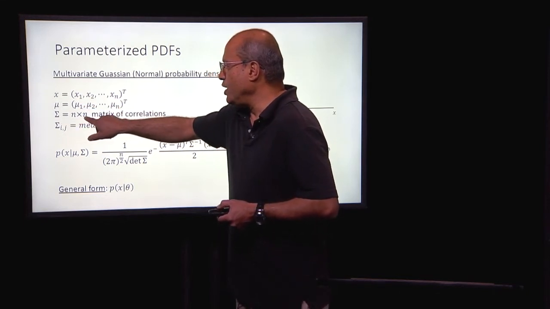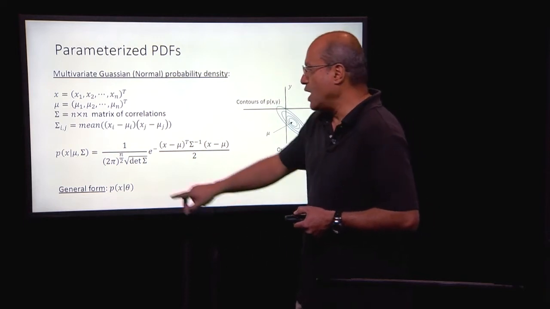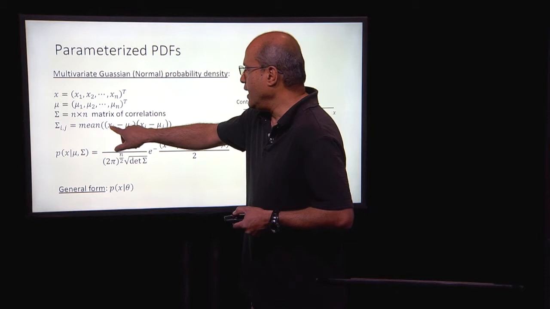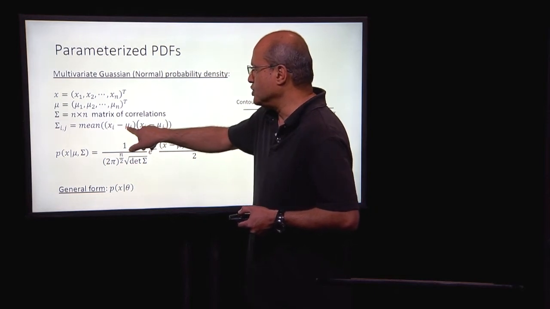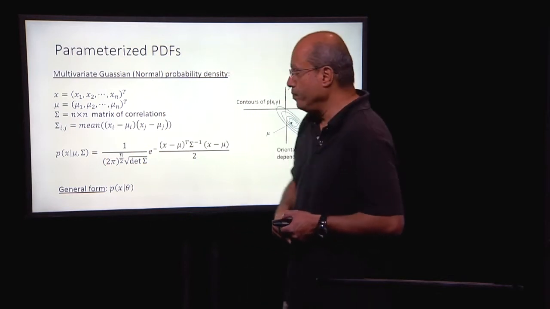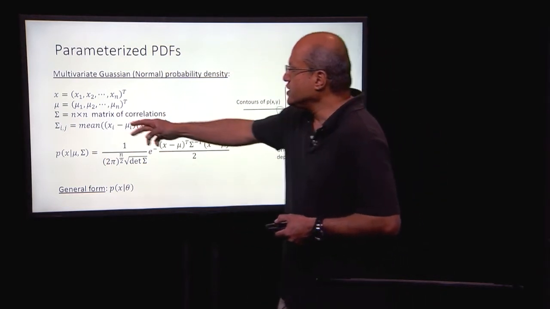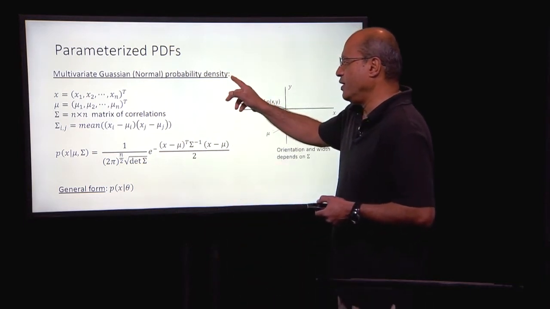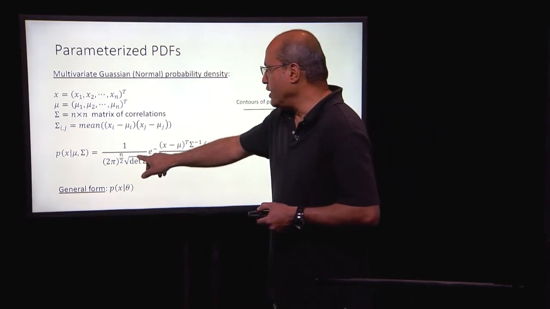Take sigma to be an n by n matrix whose ijth value is simply the correlation between xi and xj, which is you subtract out the mean, you multiply these two numbers, and then take their mean. So mu and sigma are the parameters for the multivariate Gaussian probability density function, and the probability density function has that formula.